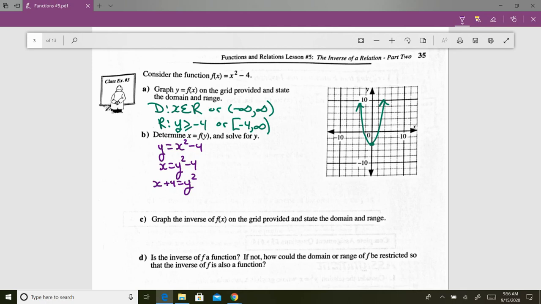Square root it, right? Square root both sides. What do you have to remember when you square root? Plus minus root x plus 4 is equal to y. That is your inverse.